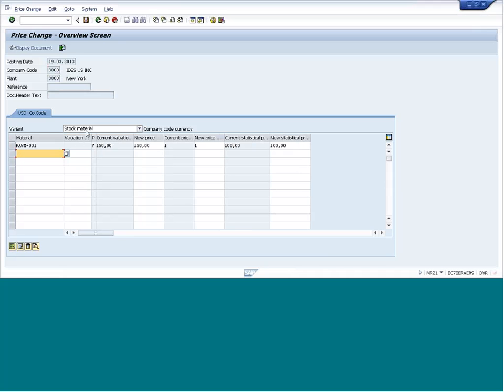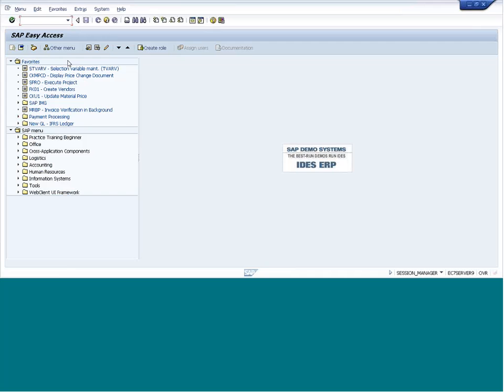By the way, for the sales order and WBS element, these are the two special stocks, and I think you might have noticed there is a valuation class that you can maintain for these types of materials.